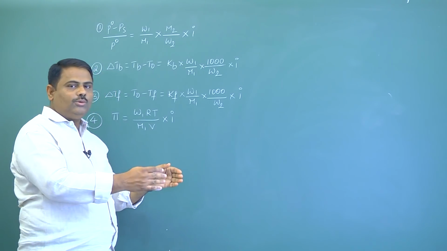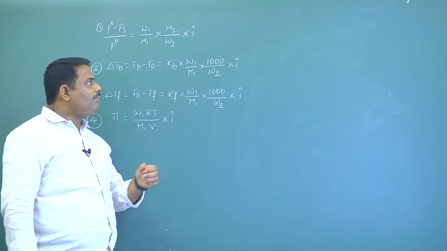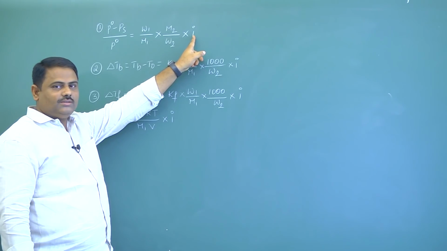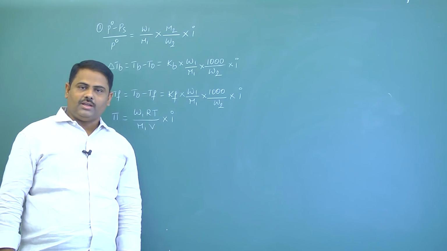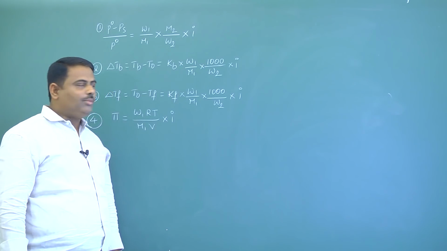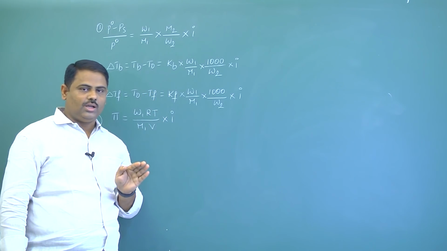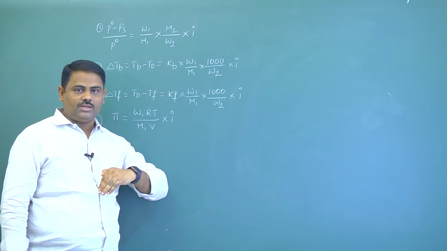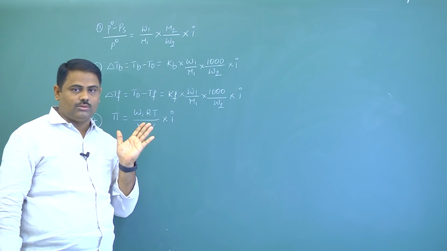Suppose any solute undergoes association, then the number of particles decreases, the I value decreases, then the value of the colligative property also decreases. Suppose for a given solute, for example urea or glucose, there is no dissociation or association, so no change in the number of particles of solute.